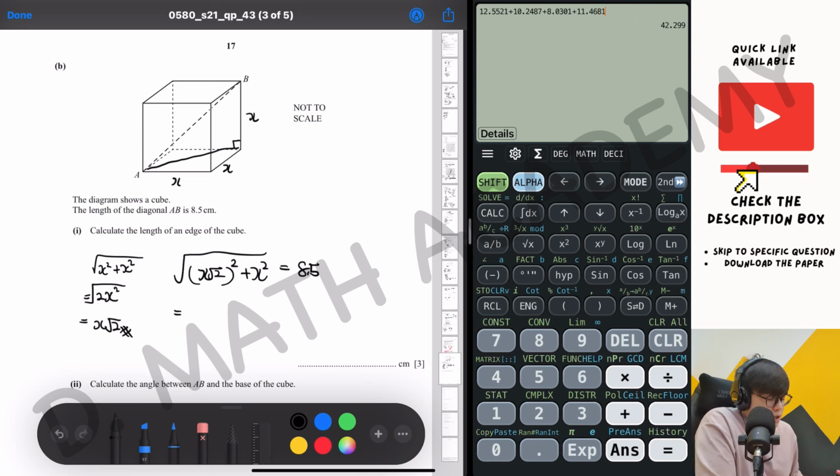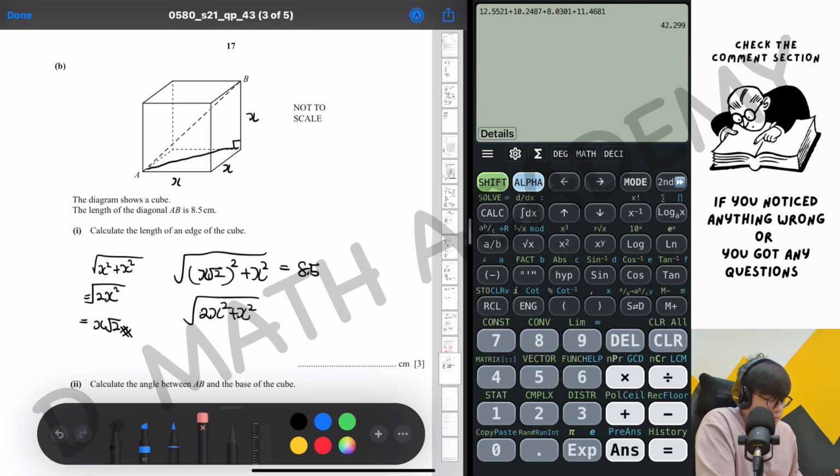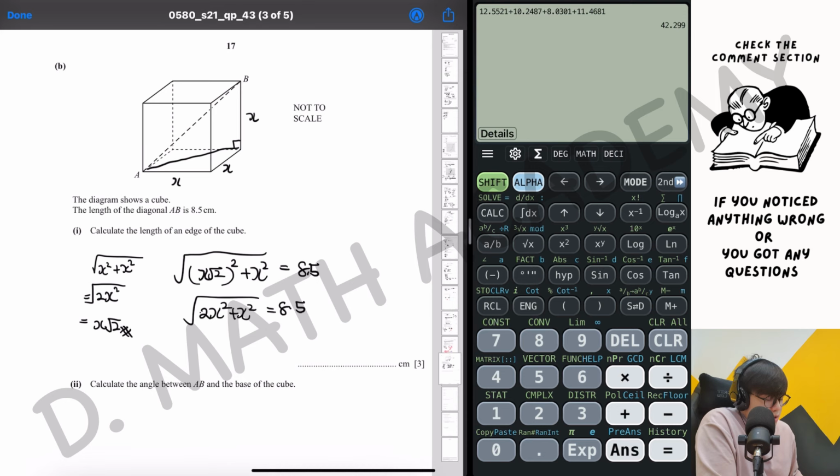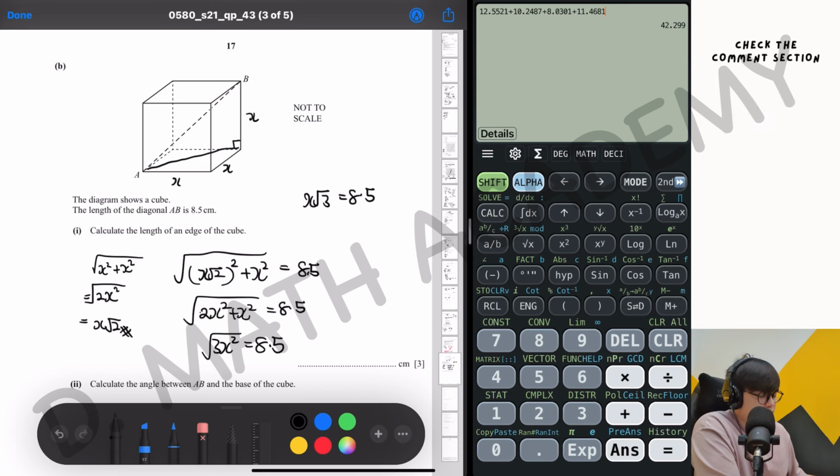So you will actually get 2x squared plus x squared equals 8.5. So you have 3x squared in total. To get your x value, we will be taking x out from the square root there, and you have square root 3 inside with the 8.5.